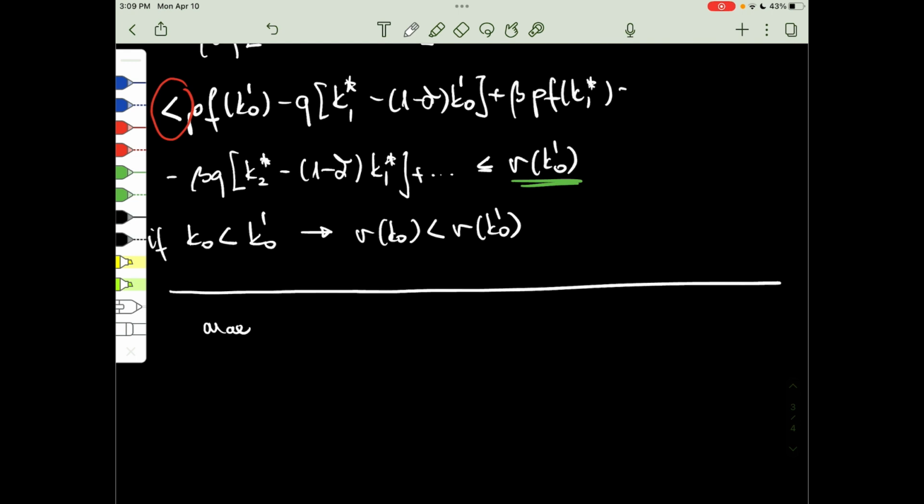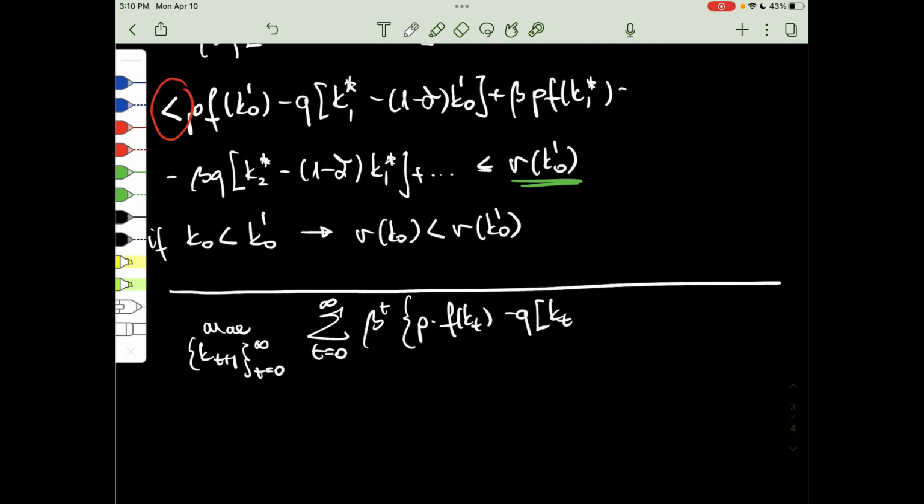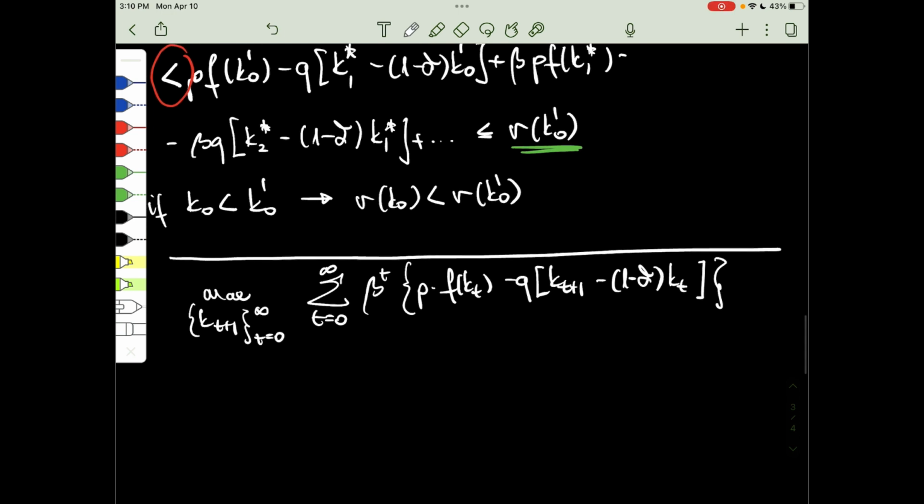So we need to maximize the firm's profits for the infinite future, given by or described by the one period return function. Okay, so this is the objective function.